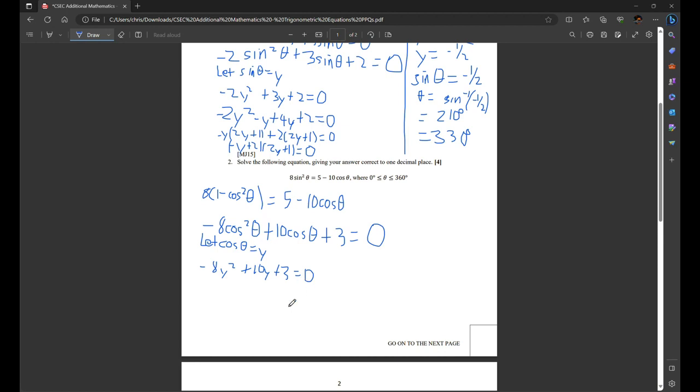Factoring this, negative 8 times positive 3, that's negative 24. So you can use negative 2 and 12 to get 10. So let's just go ahead and write those in. Negative 8y squared minus 2y plus 12y plus 3 is equal to 0. Okay, I'm going to factor out a negative 2y, which is going to leave me with 4y plus 1.